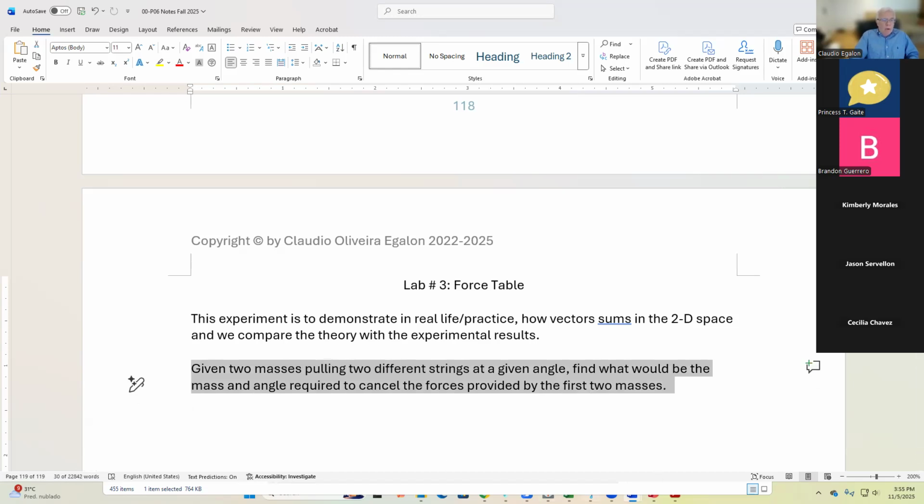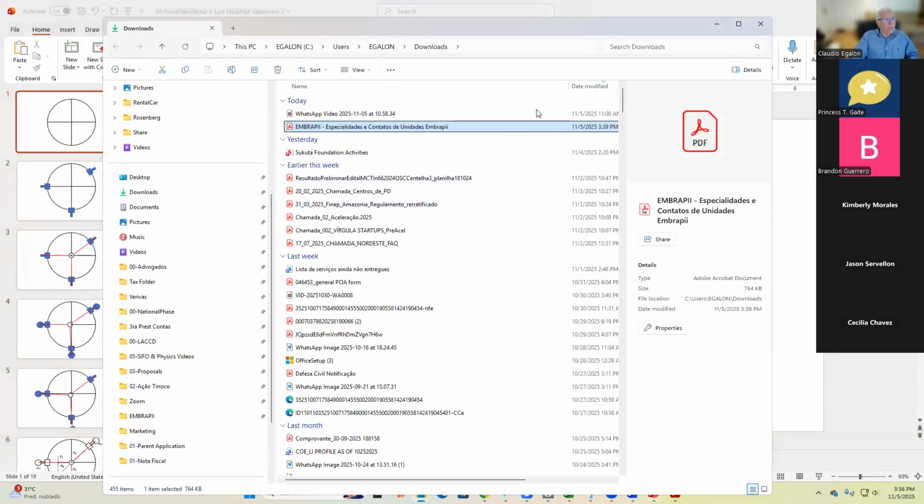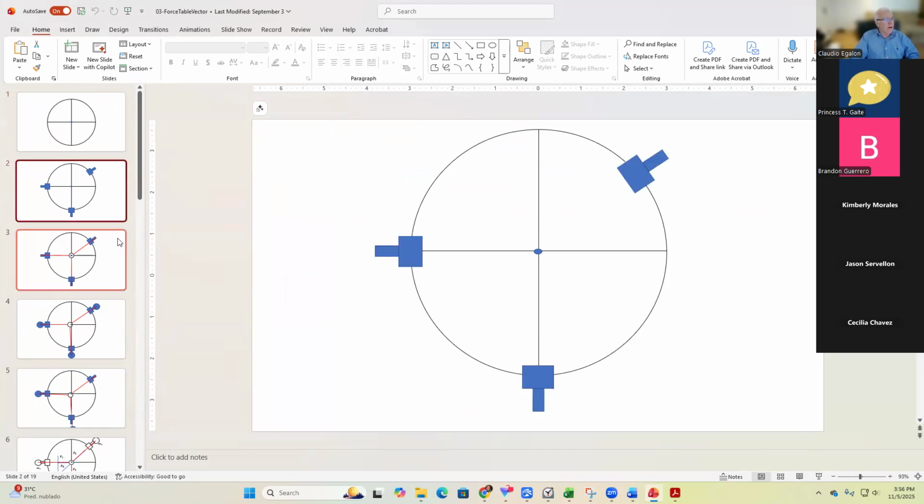And I'm gonna get now my slides. Okay, here you go. Nice. So here you go. We have a table. It's a metal table that we call a force table. I'm gonna show you a video too, so you can have a better idea how this whole thing works. We have a system of pulley and clamps that are clamped at specific positions in this table.